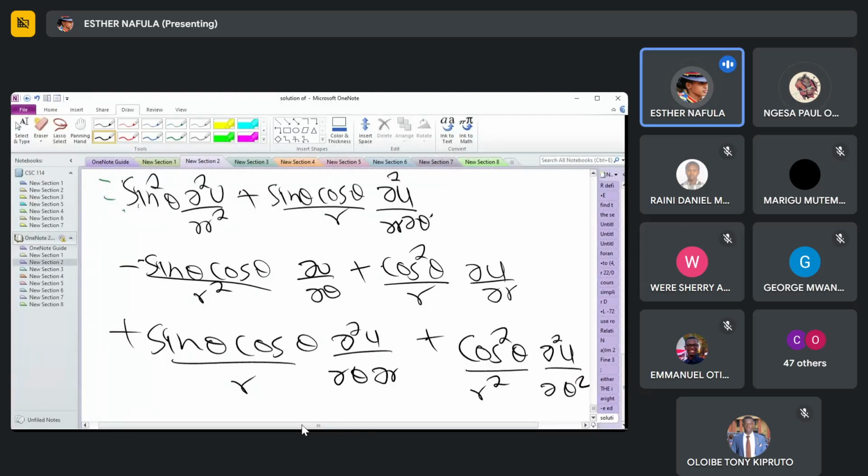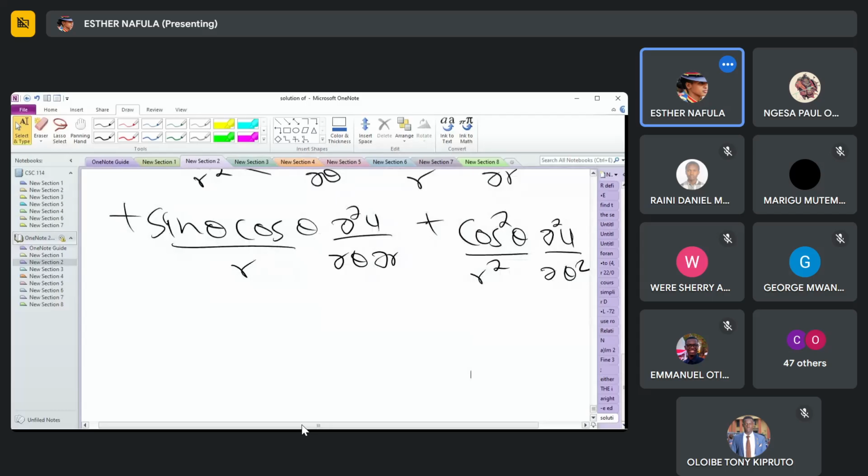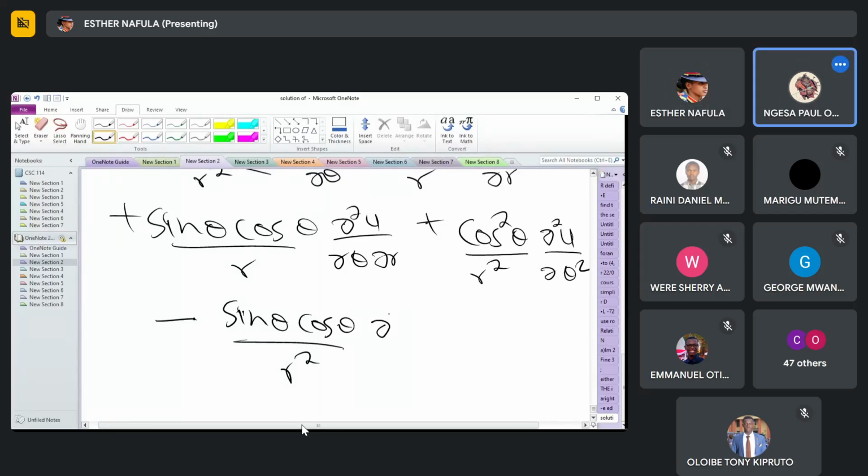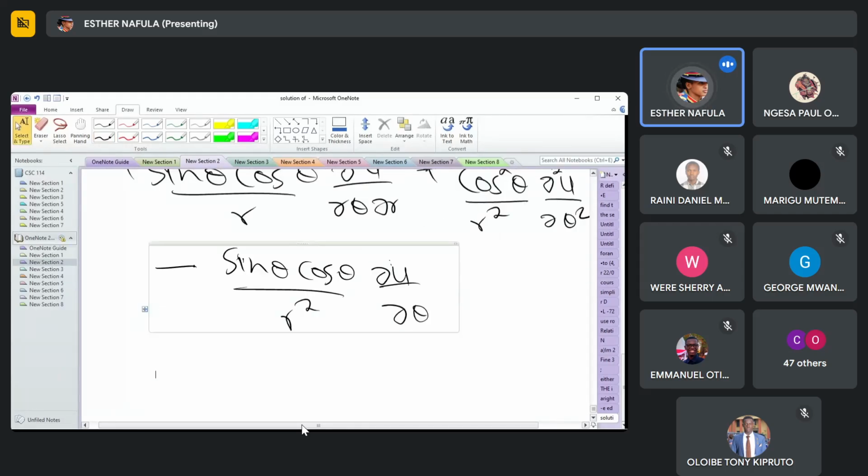Collect like terms. Minus sin theta cos theta over r squared partial u partial theta. Collect the like terms and simplify.